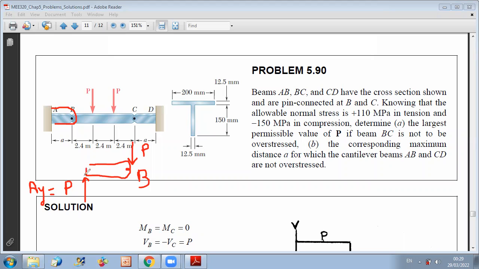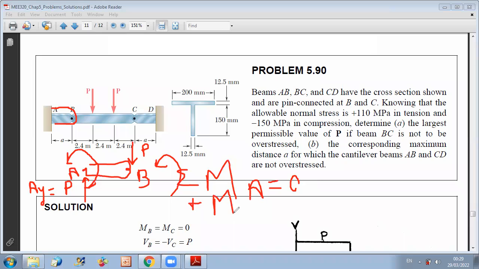And then to get the moment at the fixity, you say that sum of moments about A equals 0. So this is A. Sum of moments about A equals 0. If I consider the counterclockwise as positive, I have plus MA minus P times this distance.